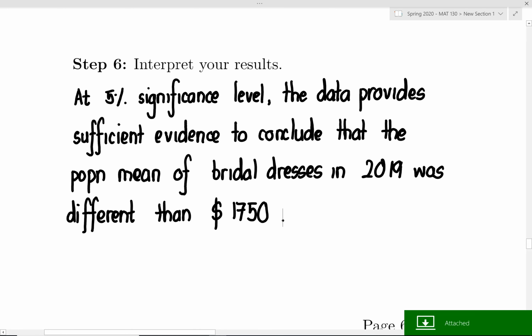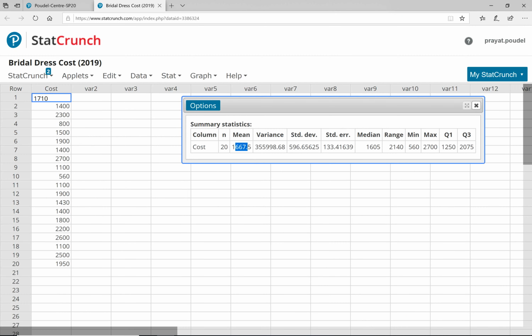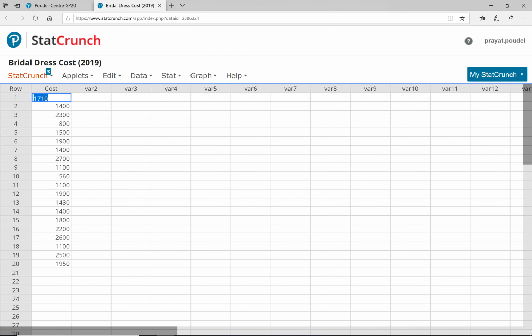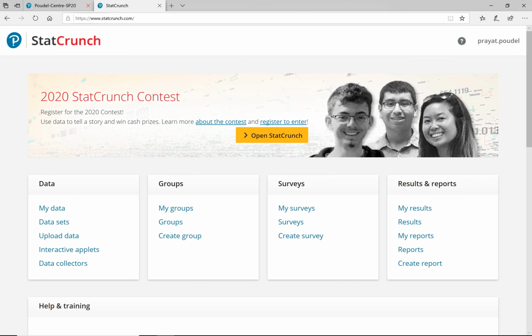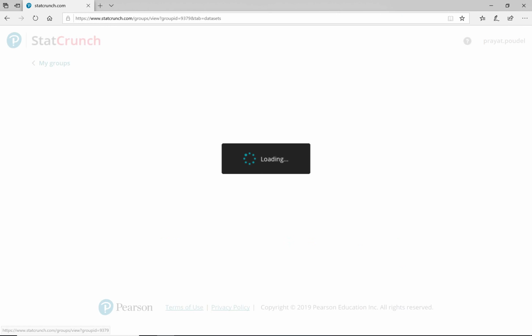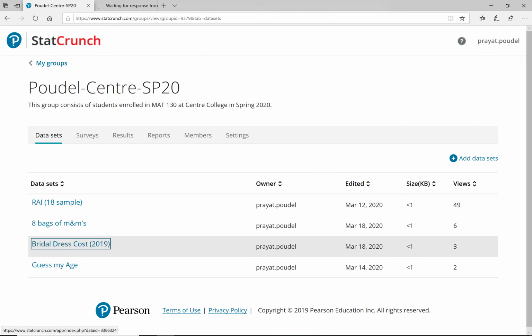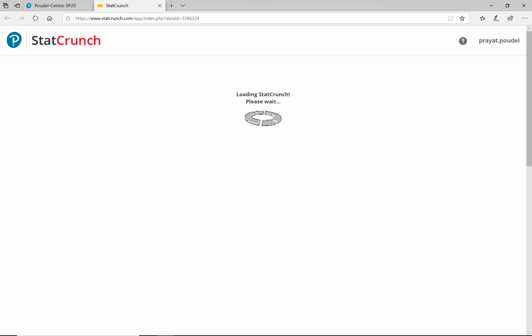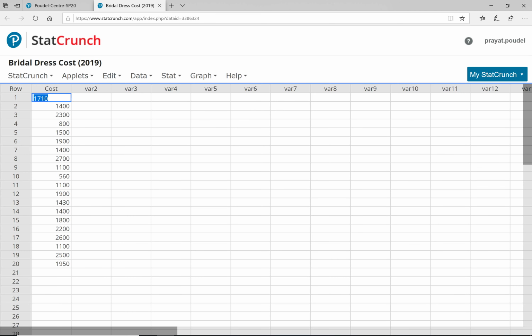All right, so let's go ahead and go to StatCrunch. We already have this loaded here. If you don't have these data loaded, I would go to StatCrunch, go to my groups, go to the group you're in, and we're looking at bridal dress cost, and you should have that spreadsheet up here.